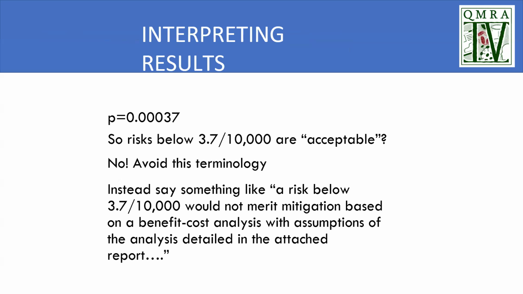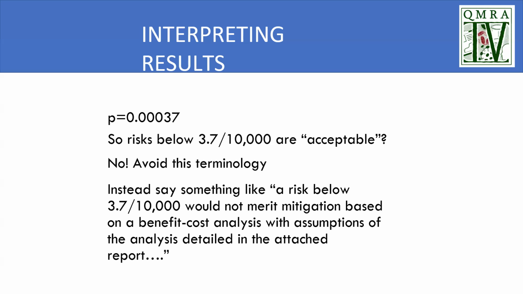So in order to interpret these results, we found that our P was 0.00037, or 3.7 in 10,000. We wouldn't necessarily say that it's acceptable, though it's the value based on the cost-benefit analysis that was conducted that justifies implementing your risk management strategy.